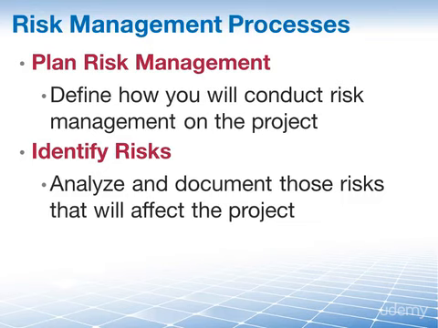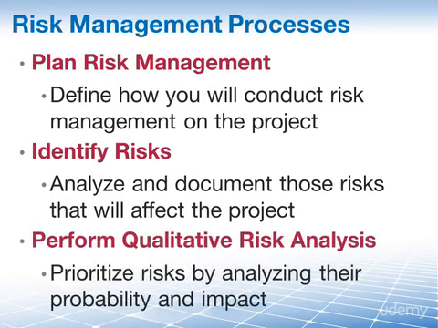At the end of this process, we will have a very, very long list of risks. Which ones should we focus on? Well, we have 2 processes that are going to tell us about this. The first one is perform qualitative risk analysis, the process of prioritizing risks for further analysis or action by assessing and combining their probability of occurrence and impact.